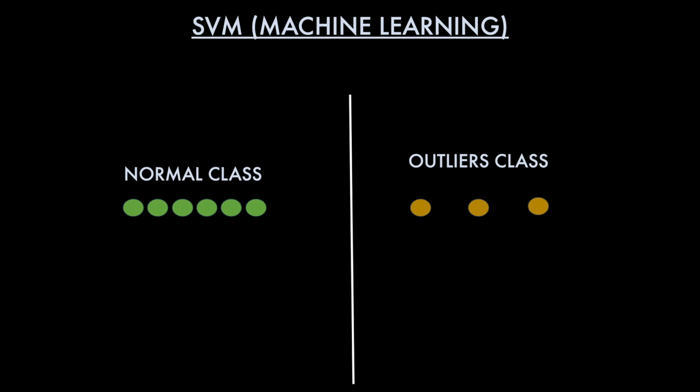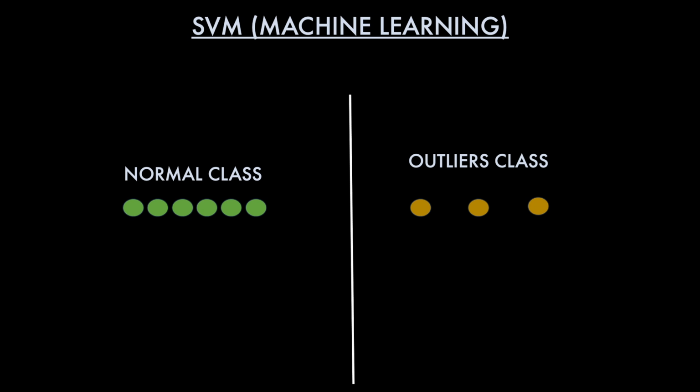Now, my friends, let us now change the gear and go to machine learning techniques to detect outliers. One of the very popular machine learning techniques is called one class SVM. Now it tries to divide all the points into two classes and places a boundary between the two classes.